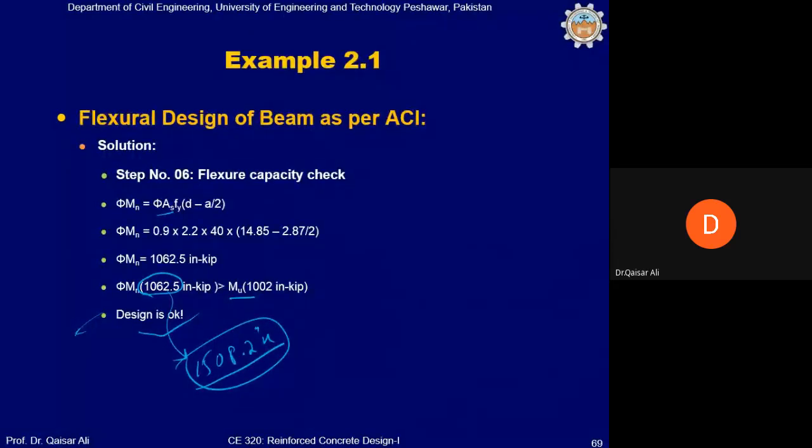So you can also note the difference between the grade 60 and grade 40 steel. Our calculation was based on grade 60. The point clear है कि नहीं? Yes, sir.